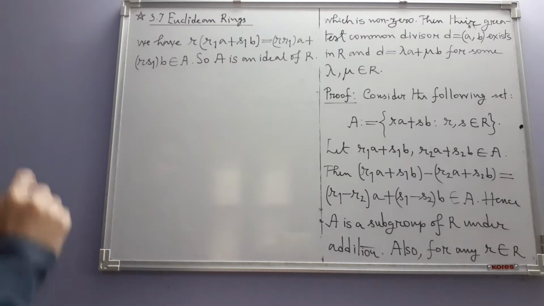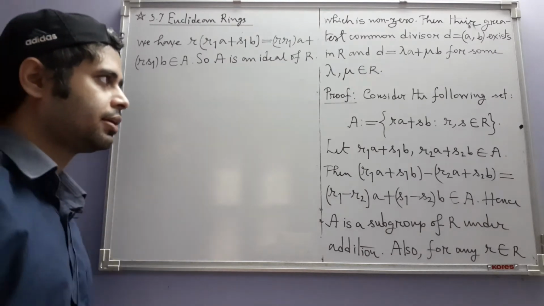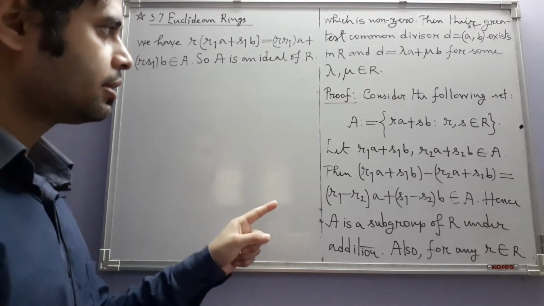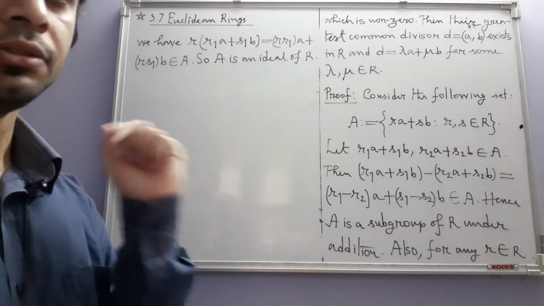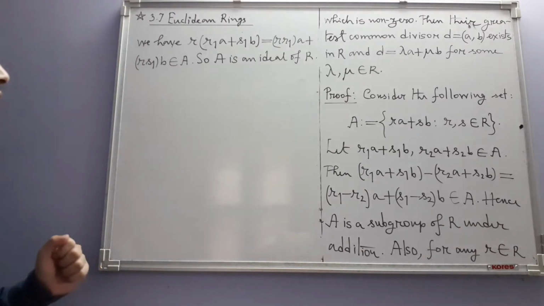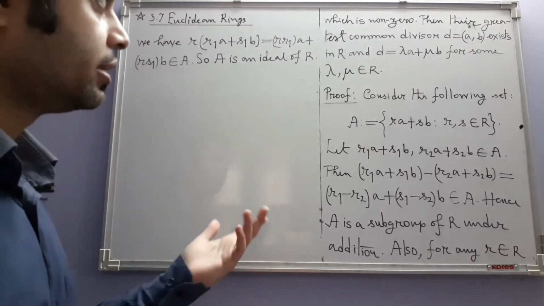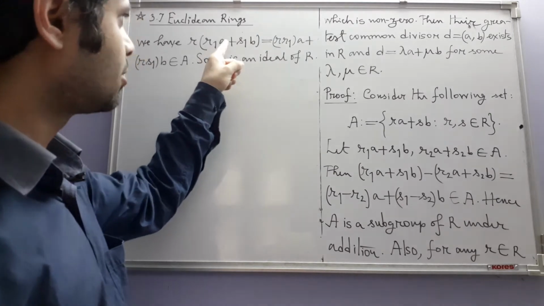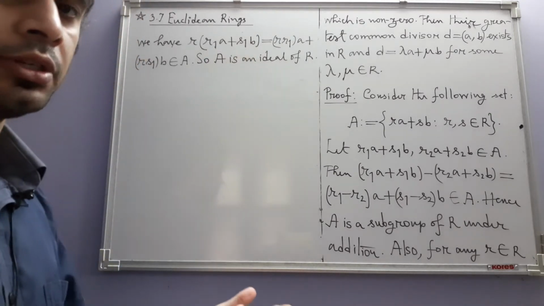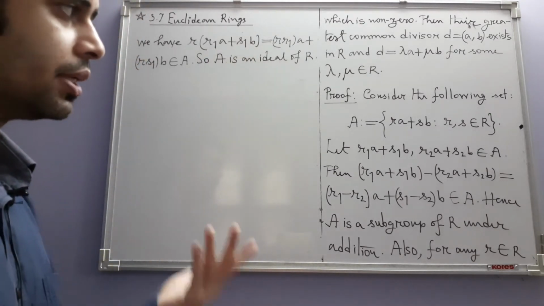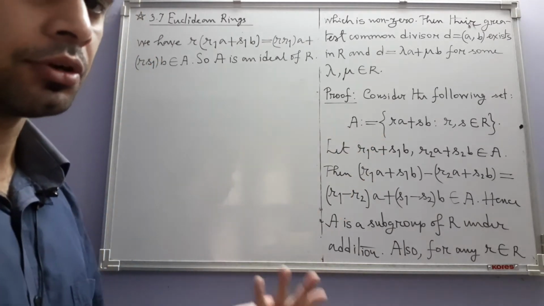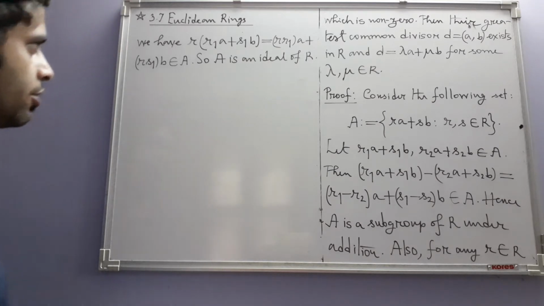Okay. Now since we are in a Euclidean ring, and in a Euclidean ring we always have a unit element, and at the same time at least one of A or B is non-zero, using this information we can show that the ideal A is actually a non-zero ideal. It's not the zero ideal.